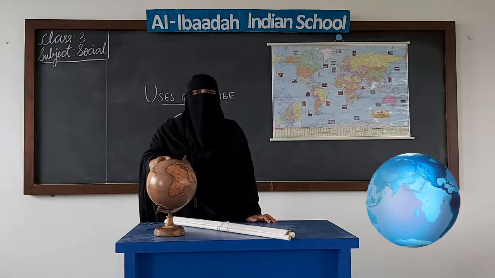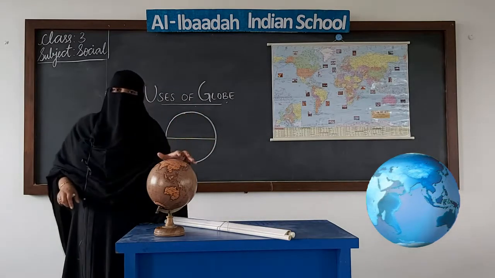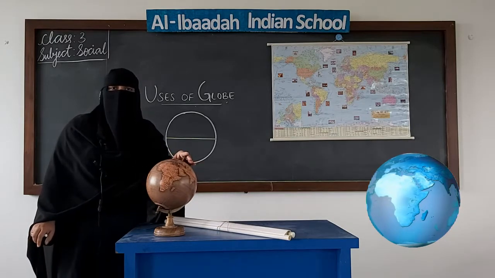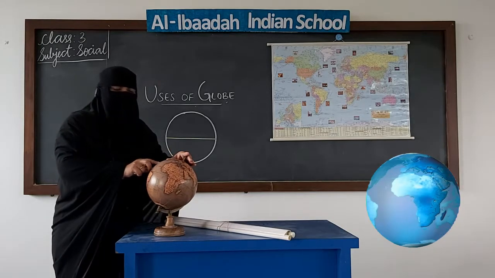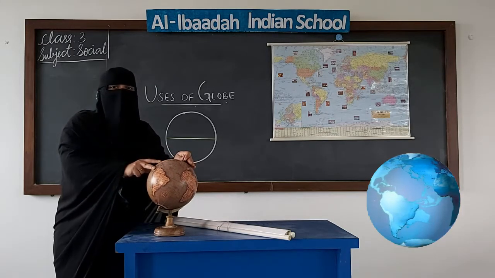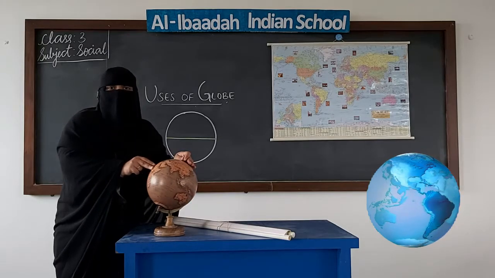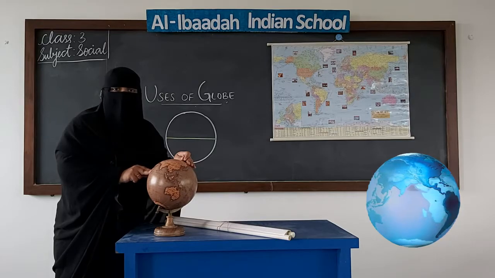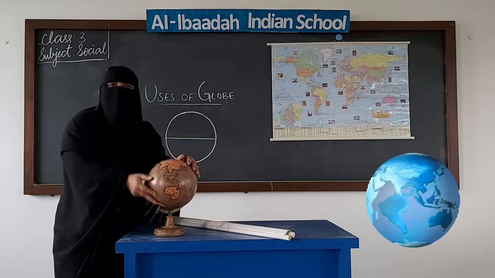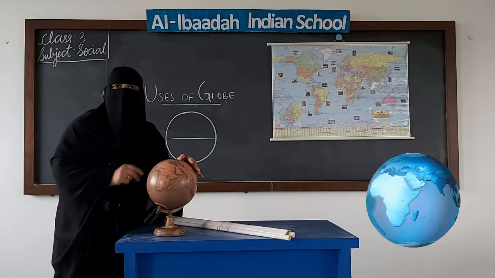Why is this globe used? Children, you know, this globe gives the clear representation of earth, and it also shows us how the earth is tilted and how it moves in its imaginary line, which is called axis. The earth is slightly tilted like this, and it rotates in its imaginary line.